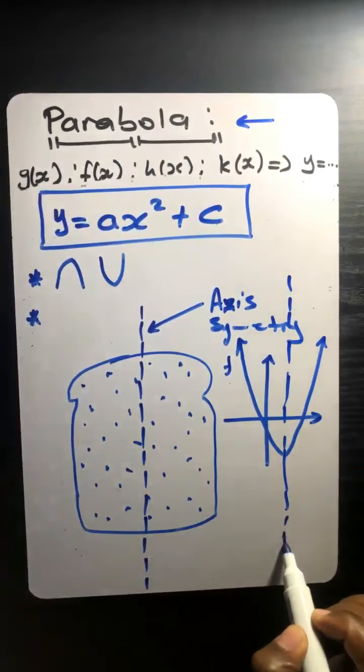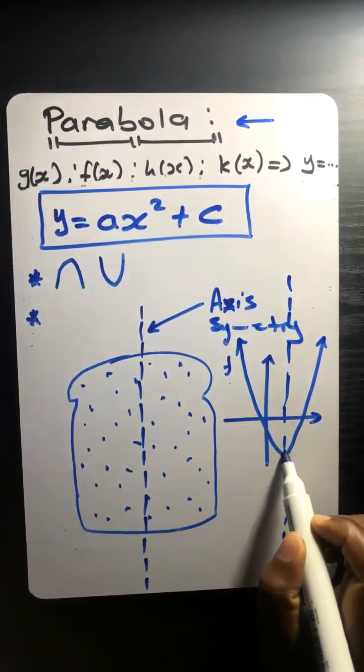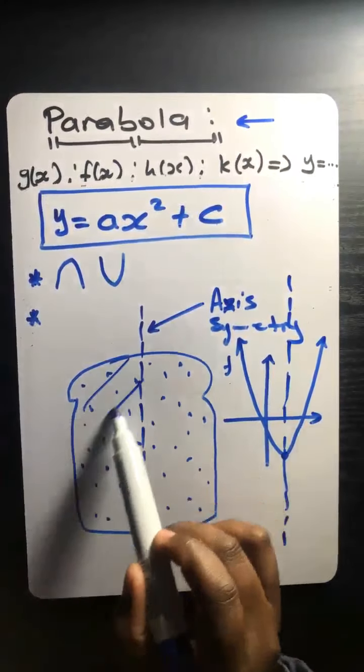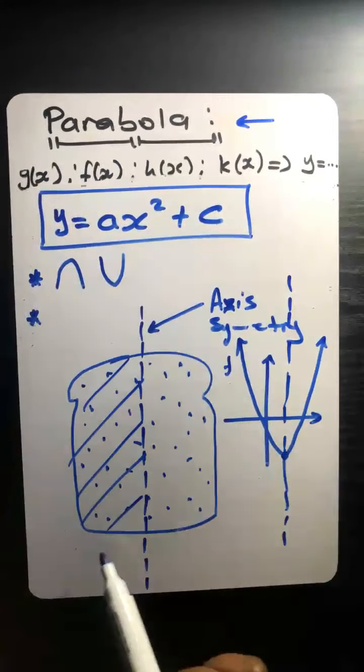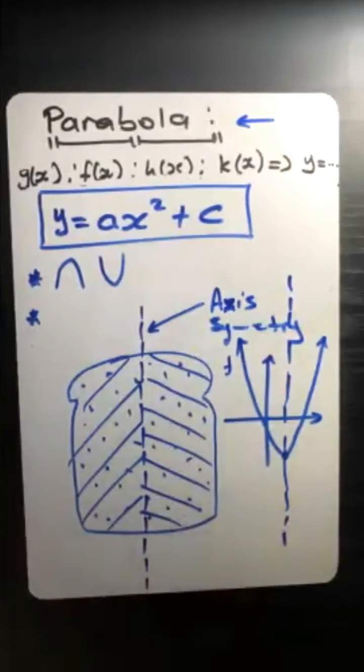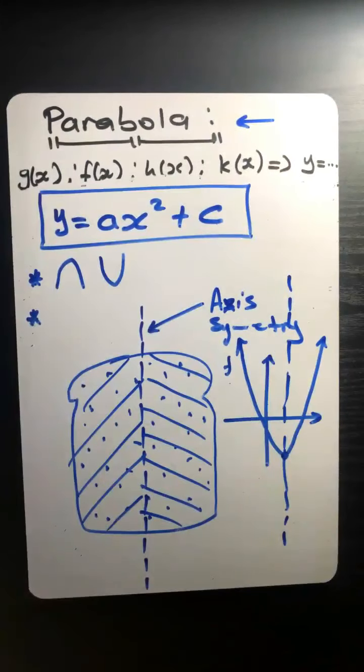So if we have the axis of symmetry passing there, I'm telling you, no one is going to fight, guys. There's equal margarine there. There's equal margarine or peanut butter there. Ladies and gentlemen, during our time, we did not know what we call a peanut butter or a margarine.